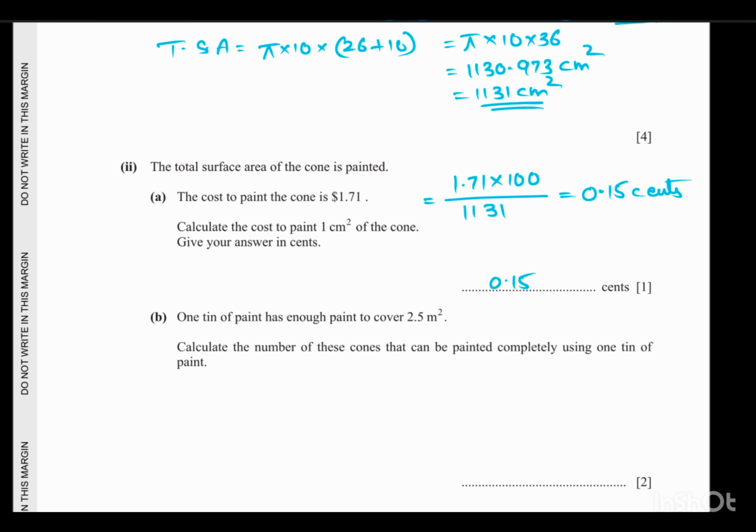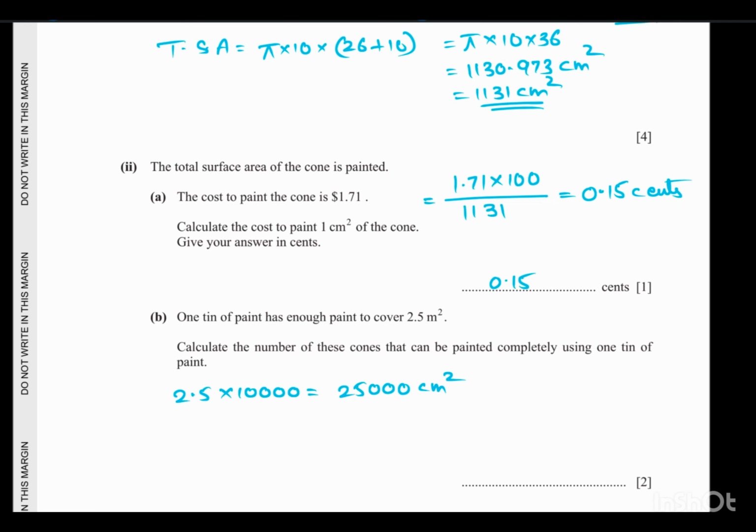So how many cones can be painted using this 1 tin? So first of all, let us find the total area in centimeter square. The total area in centimeter square will be 2.5 into 10,000, which is 25,000 centimeter square of the area.